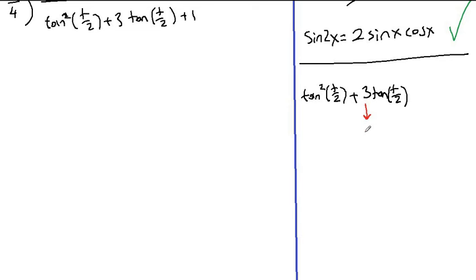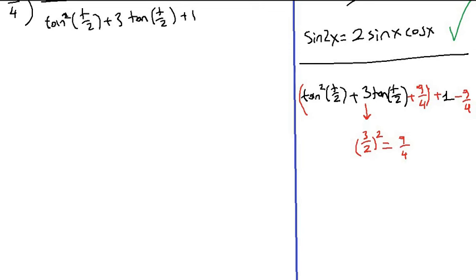Half of 3 is 3 over 2, and if you square it, you get 9 over 4. So we add 9 over 4, plus we have 1 here, and minus 9 over 4. So we added 9 over 4 and subtracted 9 over 4, so we did not change this function.